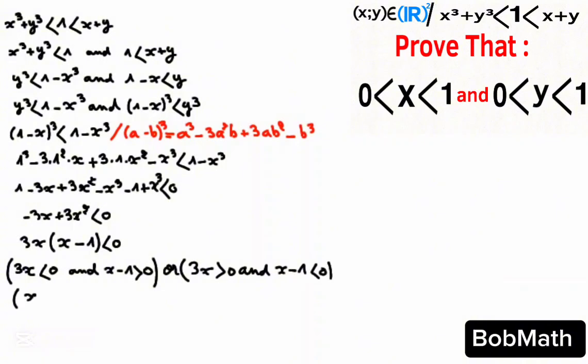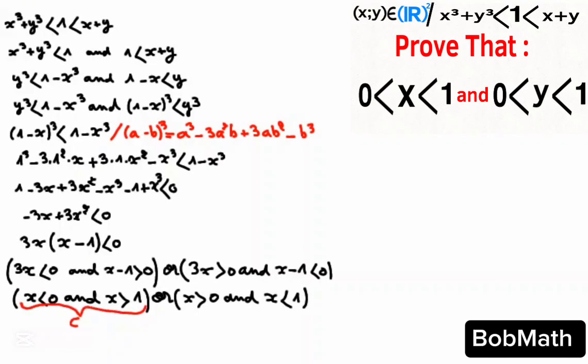Therefore x less than 0 and x greater than 1, or x greater than 0 and x less than 1. As for the first case, it is illogical because x cannot be greater than 1 and less than 0. So the second case is logical. Therefore, x is greater than 0 and less than 1.